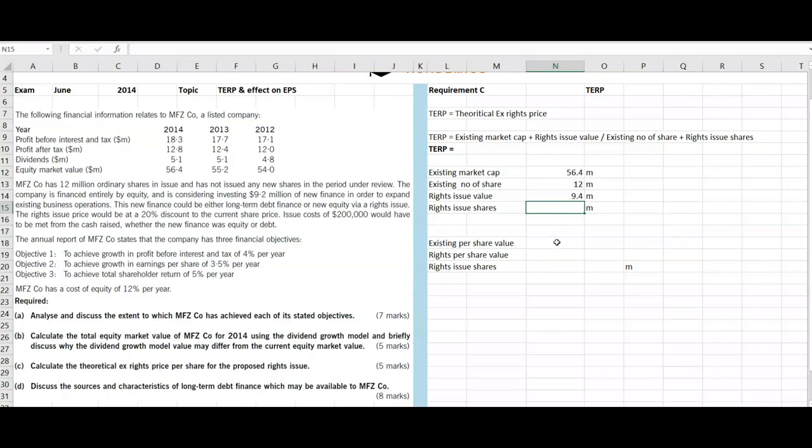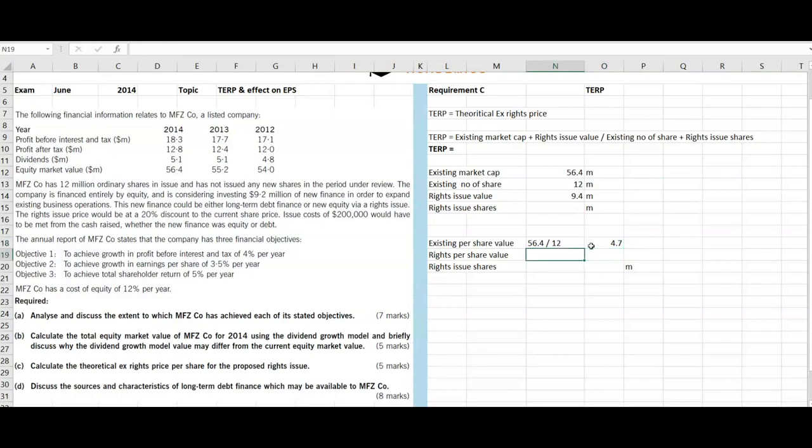So what we'll do is find the existing per share value. That number is also not given, so we have to find it out. It is 56.4 divided by 12 million shares, which gives us the per share value. So 4.7 is the per share value.